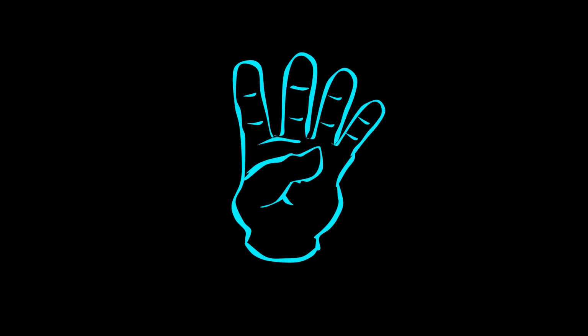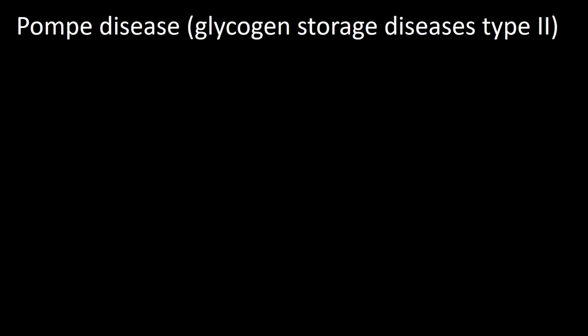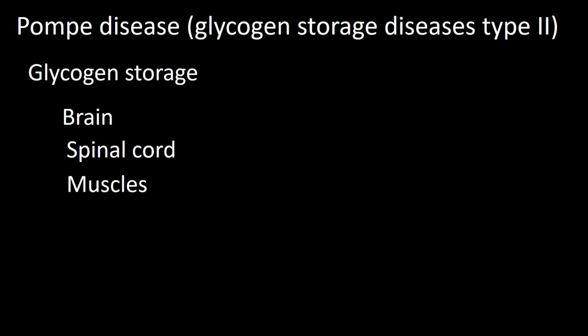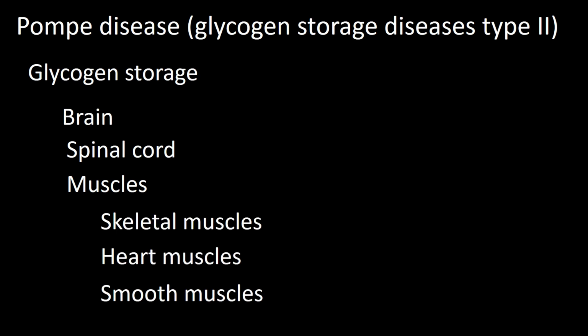This question touches on 4 conditions. The first one is Pompe's disease or glycogen storage disease type 2. In this condition, glycogen accumulates in the brain, spinal cord, and muscles. In the muscle, it accumulates in skeletal, heart, and smooth muscle fibers.